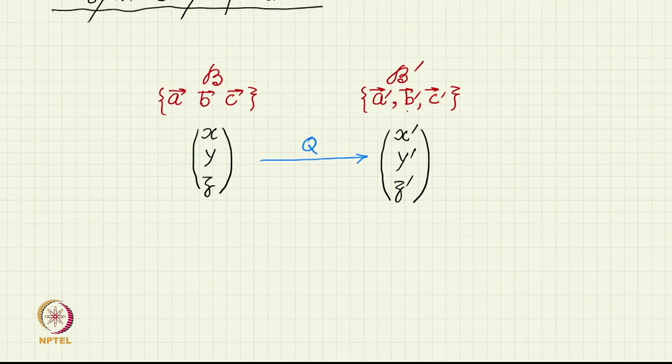Now, there is a symmetry operation which transforms a vector x, y, z to x tilde, y tilde, z tilde.